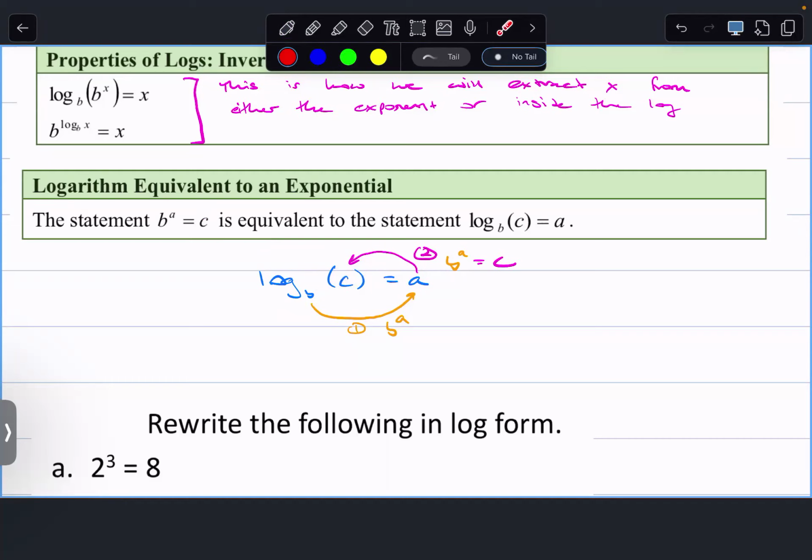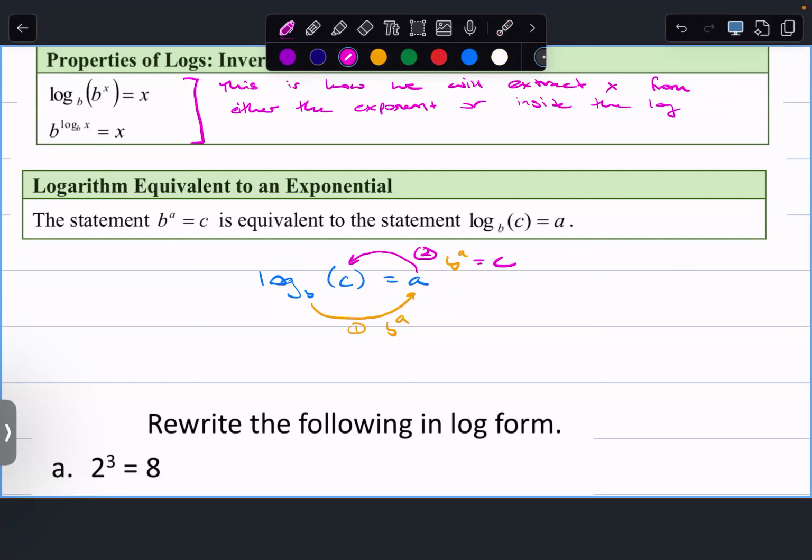I always have to take it nice and slow with this stuff. This doesn't stick with me naturally, but the only way I can get it to stick is if I just remember that if I have this sort of setup, then I can rewrite it as b to the power of a is equal to c. And I can just go around in the loop.